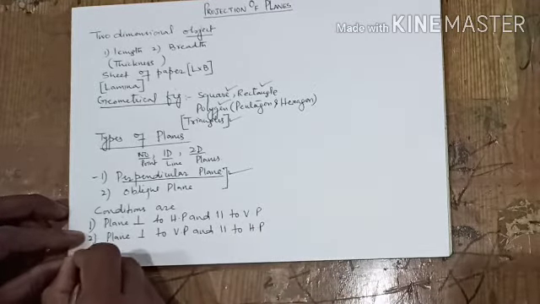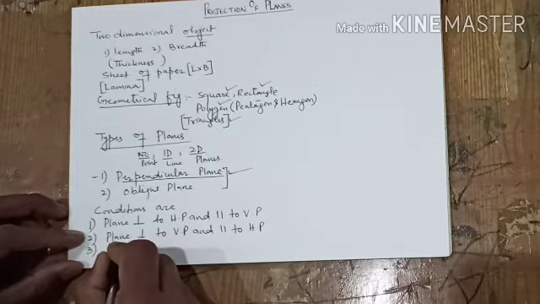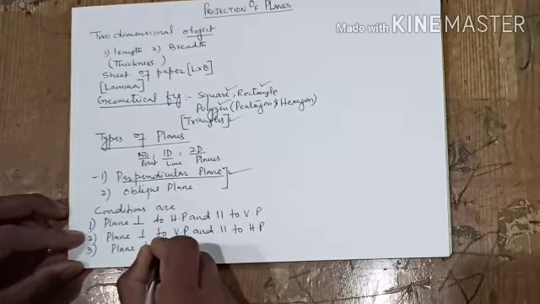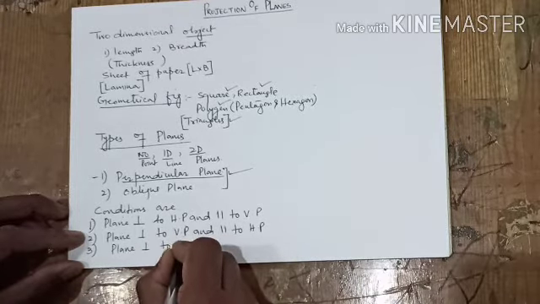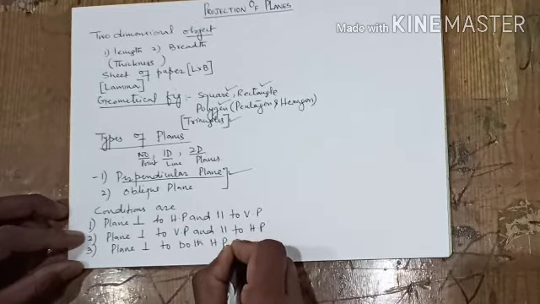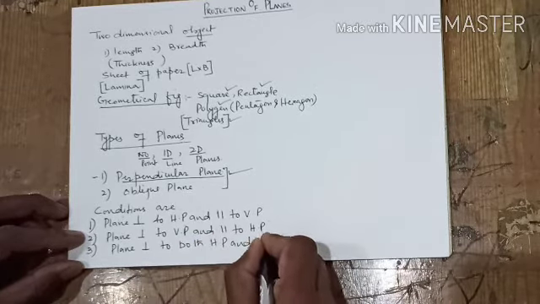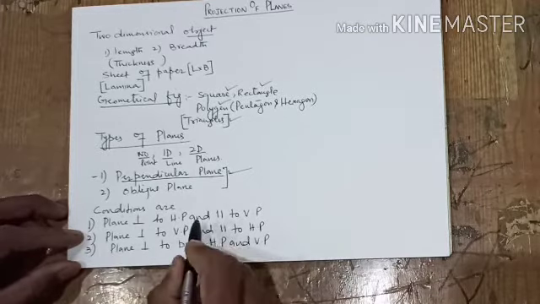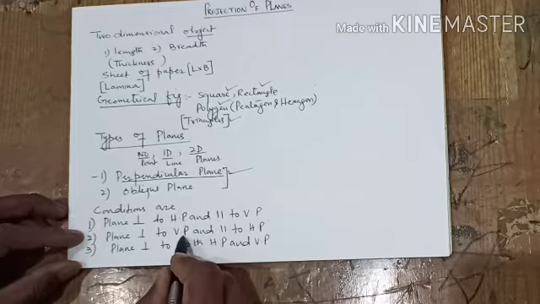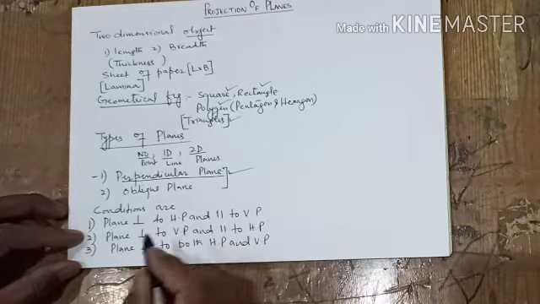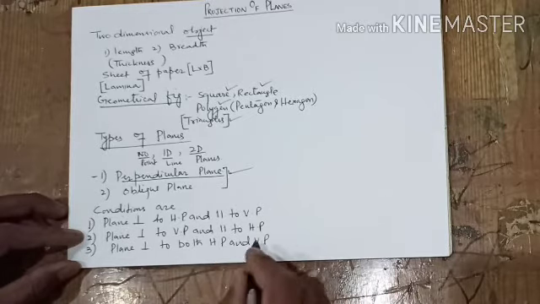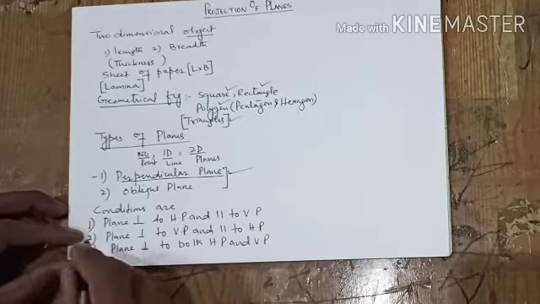The third condition is the plane is perpendicular to both HP and VP. So you see, the first condition was perpendicular to HP and parallel to VP. The second is the reverse of the first condition, and the third is that it is perpendicular to both HP as well as VP.